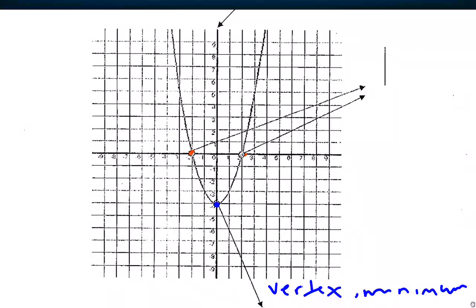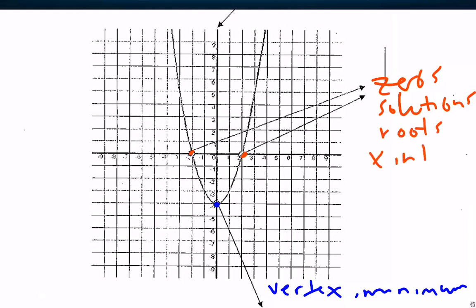Where my graph crosses the x-axis, remember those are called my zeros, or solutions, or roots, or just plain old x-intercepts. My axis of symmetry, or AOS, once again that's axis of symmetry, cuts my graph in half.